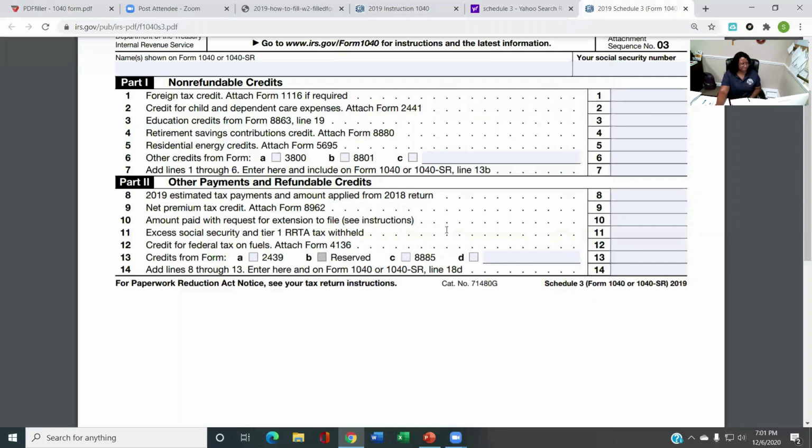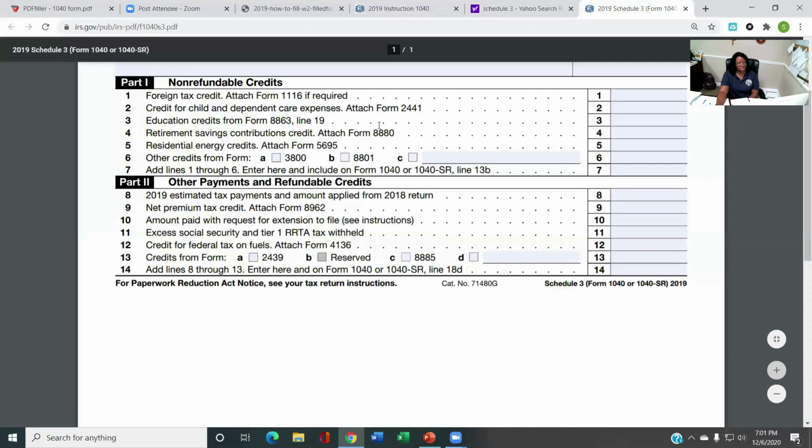You get that money back. Access Social Security, credit for federal tax on fuel. Fuel is basically when you have like a trucking business or a gas station or something to that effect. So you add all those credits and they would go there.